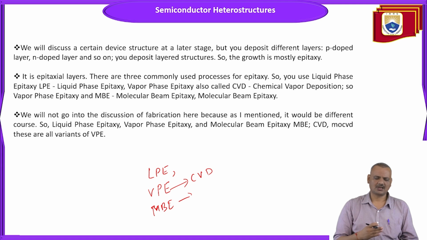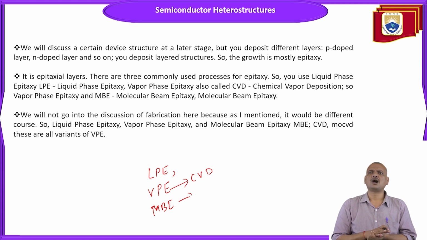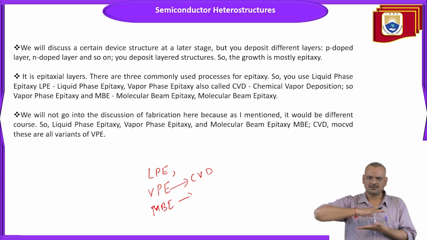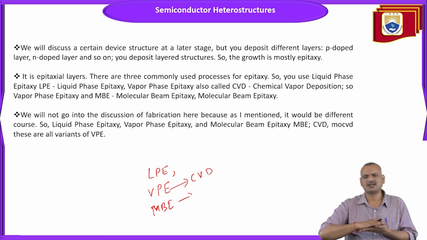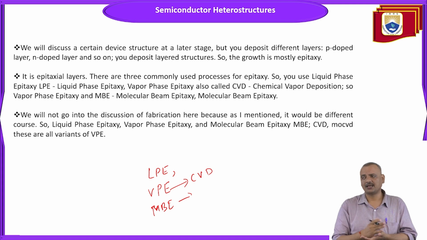That is out of our course, as we are dealing with semiconductor optoelectronic devices. But once the layer is grown, what is the quality of the layer? If the layer is grown in some manner, what should the name of that layer be?